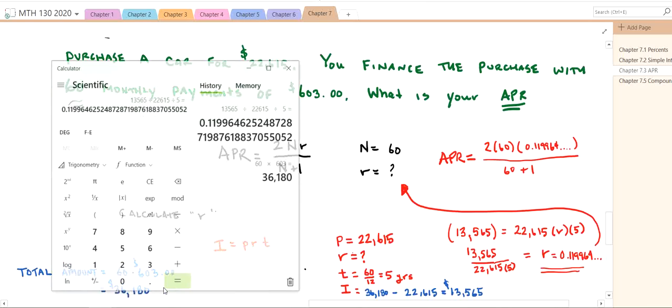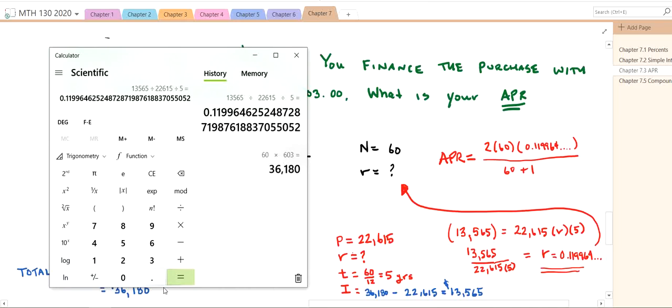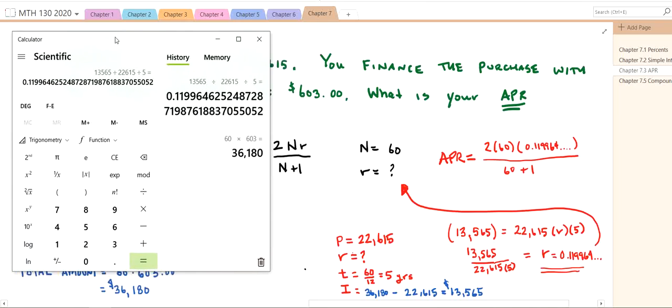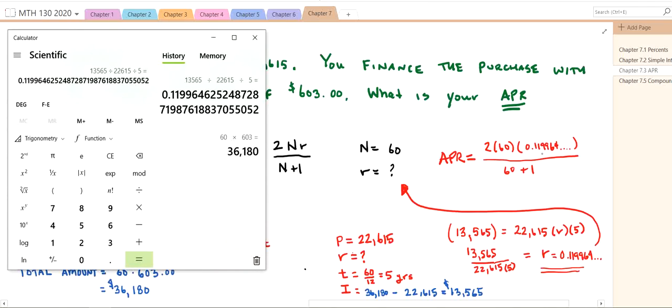I'm going to go directly to my calculator where I left that number in, and I'm going to make sure I follow order of operations. I'm going to multiply that by 2, and then multiply it again by 60. And then I'm going to divide that by 60 plus 1, or 61.